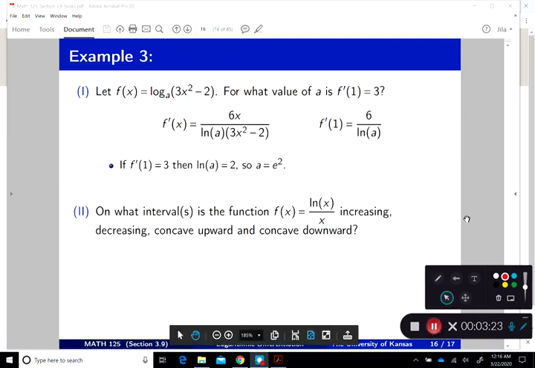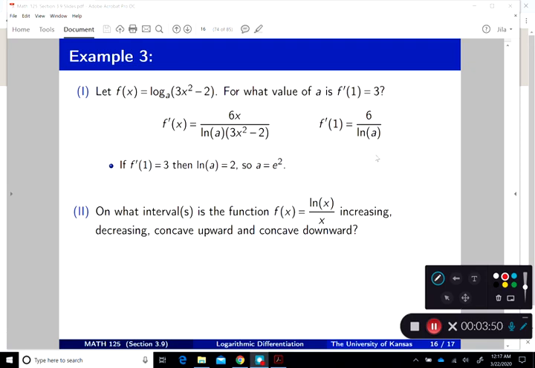The next question is asking to find in what intervals the function f of x equal to natural log of x divided by x is increasing, when is it decreasing, and when is it concave up, and when is it concave down. So the first step that we want to take is we know that increasing and decreasing is just a question of where f prime is positive and where f prime is negative.